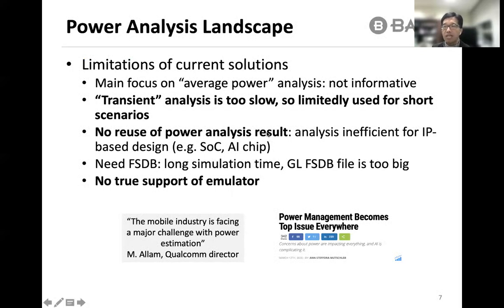Once power analysis has been performed, there is no way to reuse the analysis result under different scenarios or for different designs. In system-on-chip design, for instance, power analysis of a whole chip should be performed, even though each IP has been analyzed before.